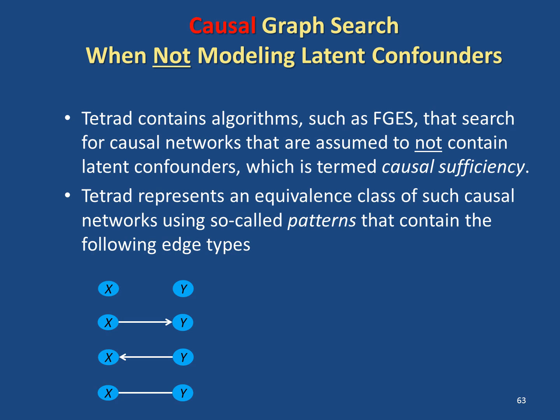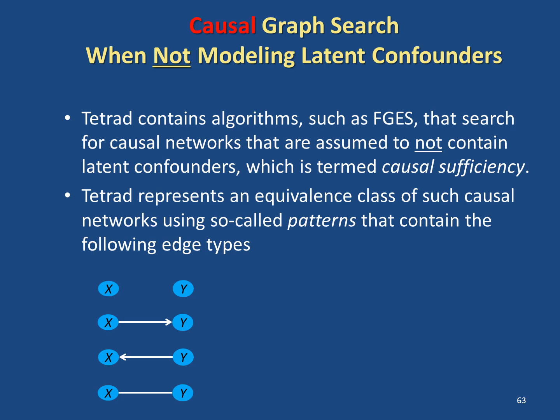There are also algorithms that assume so-called causal sufficiency, and what causal sufficiency means is that there are no latent confounders among the variables. That's what you're assuming. And some of the algorithms in Tetrad assume that, FGES is one of them. And so what Tetrad does in that case is it has the following kinds of edge types that are called patterns.